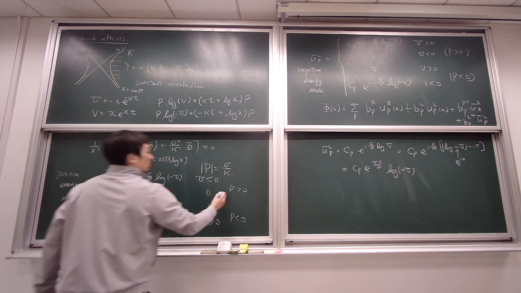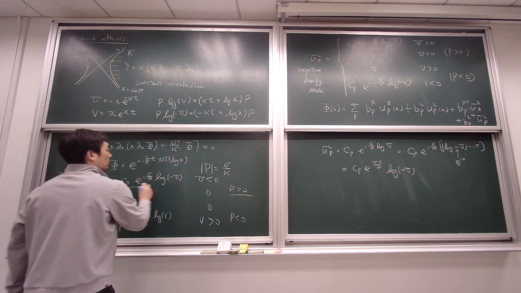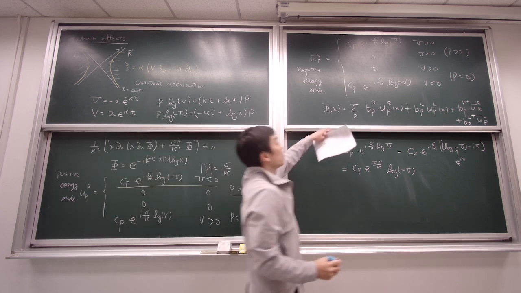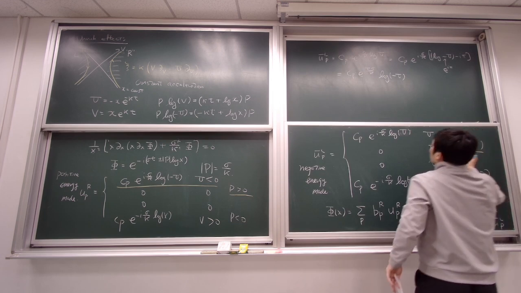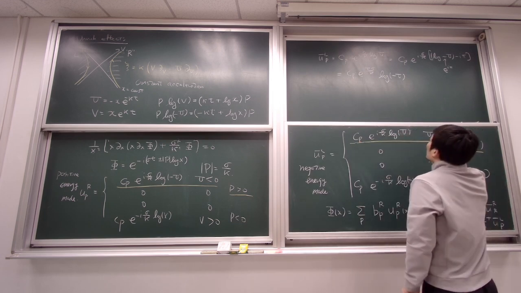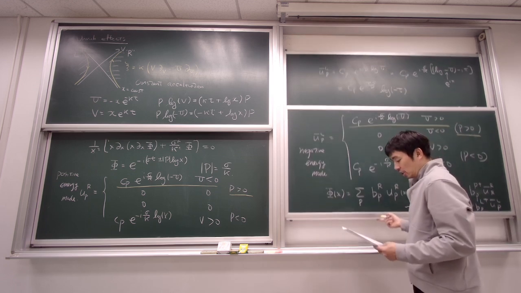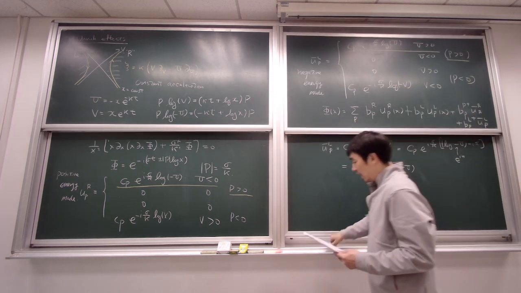So P is positive but U is negative is this guy, and then P is positive and U is positive is this guy. You can connect between them using this U coordinate.